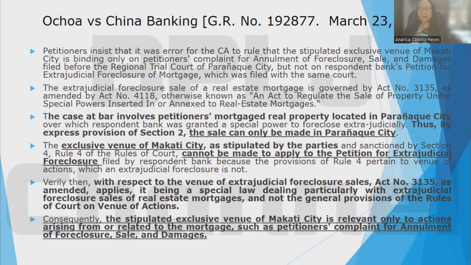With respect to the venue of extrajudicial foreclosure sales, Act 3135 applies, it being a special law dealing particularly with extrajudicial foreclosure of real estate mortgages and not the general provisions of the Rules of Court on venue.